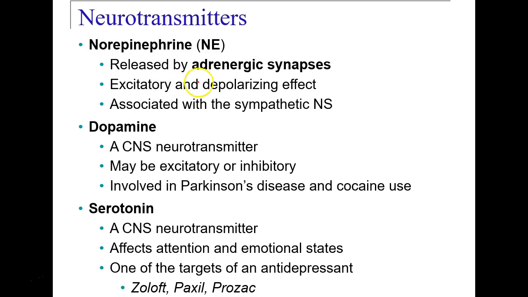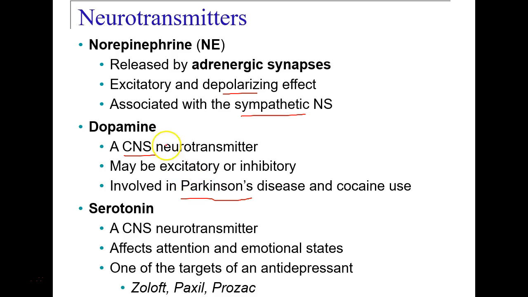Okay, so norepinephrine, again, this is kind of our adrenaline released from the adrenal glands. It is excitatory and causes a depolarizing effect associated with the sympathetic nervous system. Dopamine in the central nervous system we will see is either excitatory or inhibitory, but it is involved with Parkinson's disease.